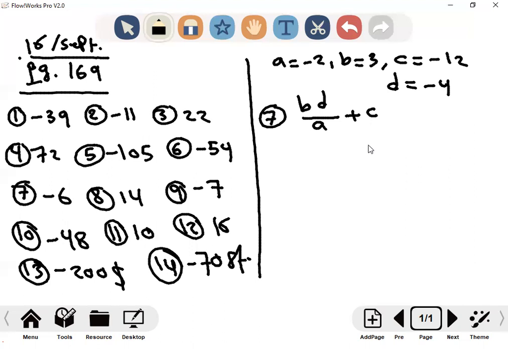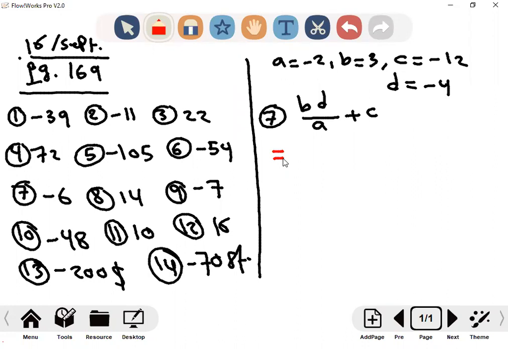We replace the variables by their values, right? So this is equal BD.